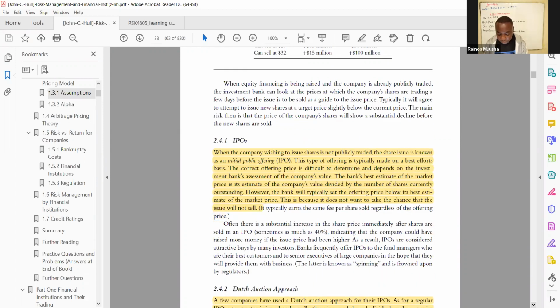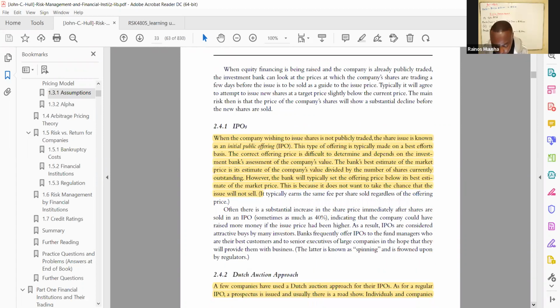Now, looking at investment banks, we now need to find out exactly how the shares are issued. So if it's an IPO, which is in section 2.4.1, they say when the company wishing to issue shares is not publicly traded, the share issue is known as an initial public offering. So this type of offering is typically made on a best efforts basis. The correct offering price is difficult to determine and depends on the investment bank's assessment of the company's value.